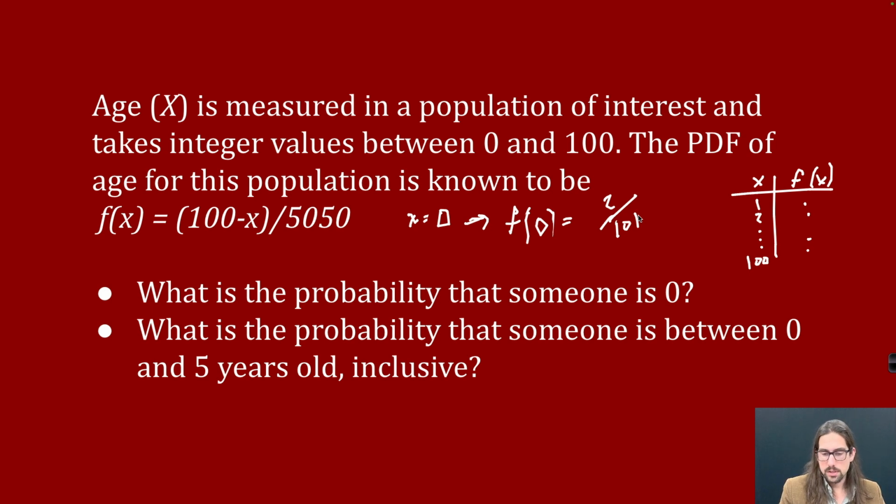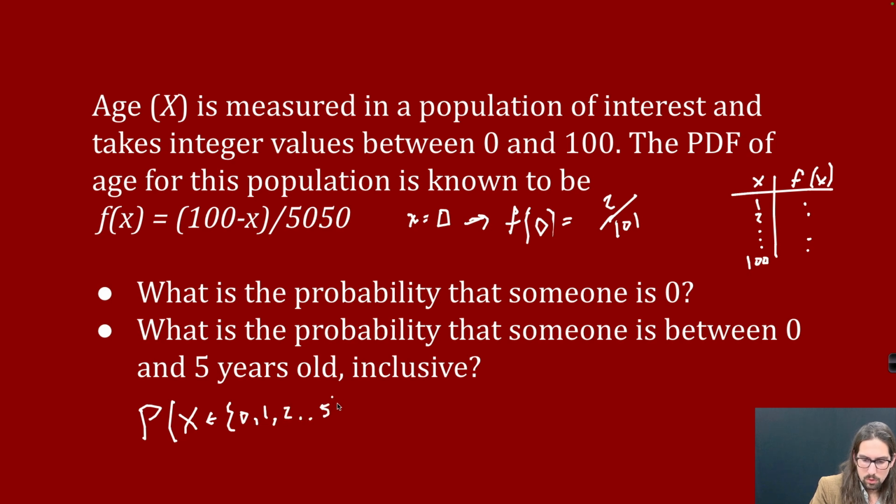Now the question is, what's the probability that somebody is between 0 and 5 years old, inclusive? That's also quite simple. If we were to write this way, it's what's the probability that x is 0, 1, 2, ..., 5, or write it this way as well, just alternative notations.